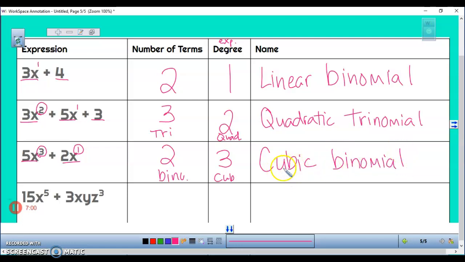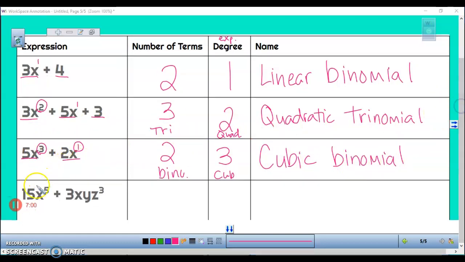Then make sure you're right. Cubic means x to the 3rd. Binomial means 2 terms. All right, the next one, how many terms? 1, 2 terms. So I know that's going to be a binomial again. We're looking at the degree here. This is to the 5th. This degree, you kind of have to look at it because if you're careful here, there's 1 there and 1 there. This would still have a degree of 5.